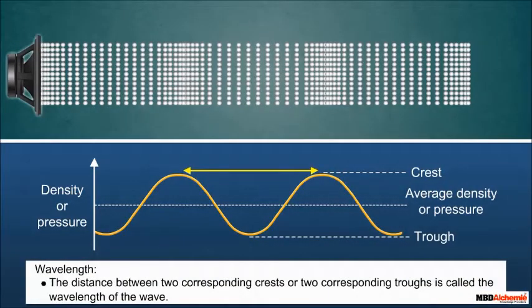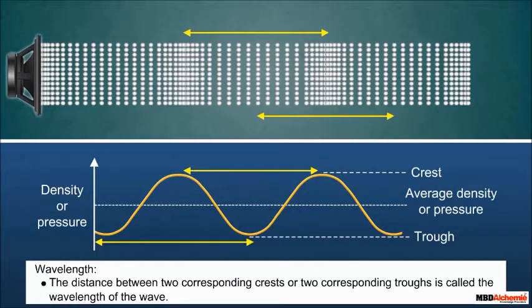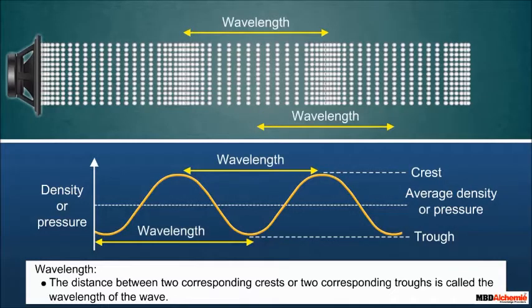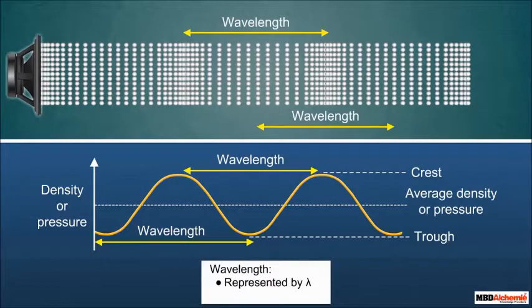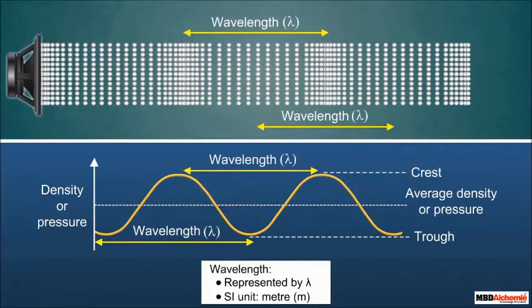The distance between two consecutive crests or two consecutive troughs, or the distance between two consecutive compressions or two consecutive rarefactions, is called the wavelength of the wave. The wavelength is represented by the Greek letter lambda. Its SI unit is meter.